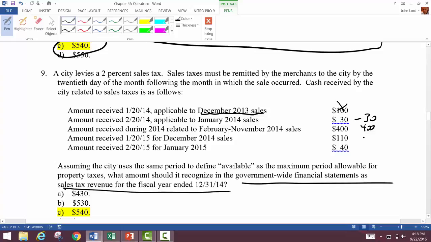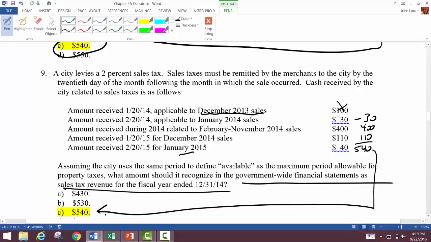We should have taken that in 2014, right? Okay, and this other one was 2015 money. So it so happens, using different rules, you get the same answer. And the reason you get the same answer is that everything for 2014 got collected within 60 days in 2014. Otherwise, we would have gotten a different answer, right?